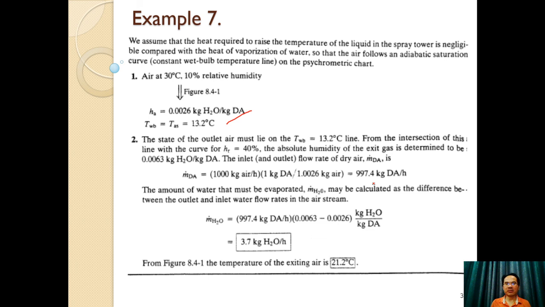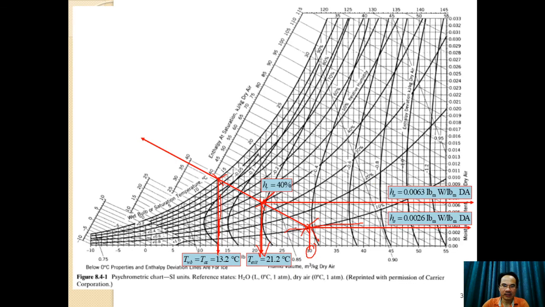In this case, you get the mass flow rate of water as 3.7 kilograms water per hour. And the temperature at the exit is about 21.2, which is the dry bulb, and the wet bulb temperature equals the saturation temperature.